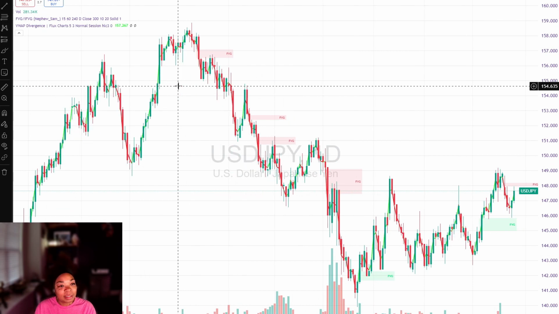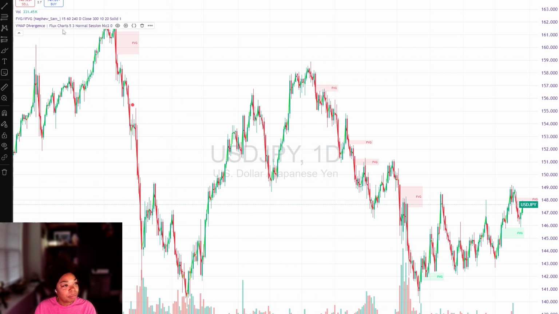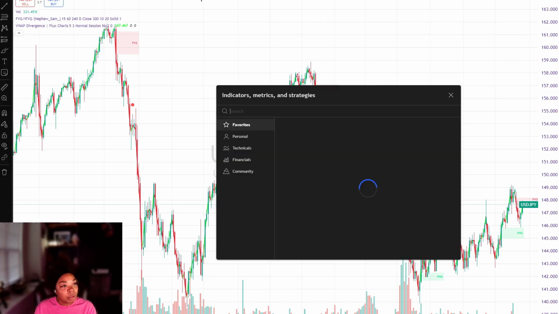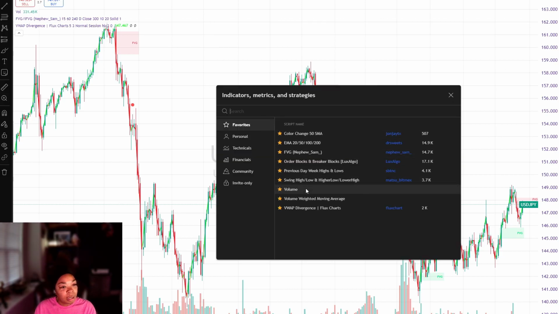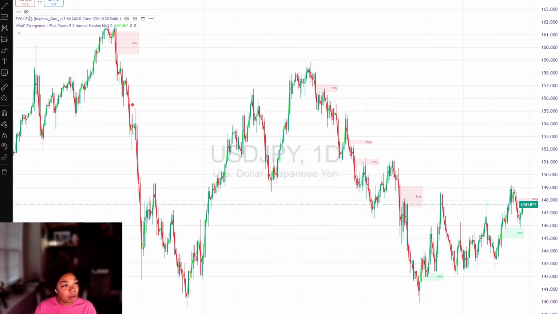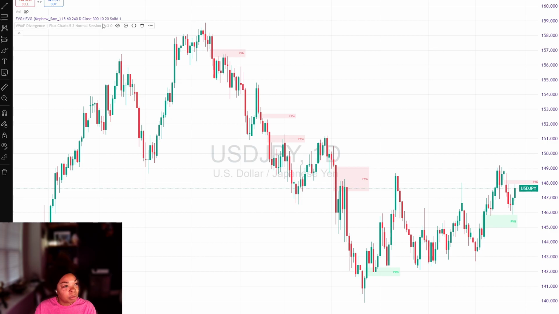So when we're looking at trends, we have no volume, so I could turn that off for now. If we're looking at trends, I can keep the VWAP on.